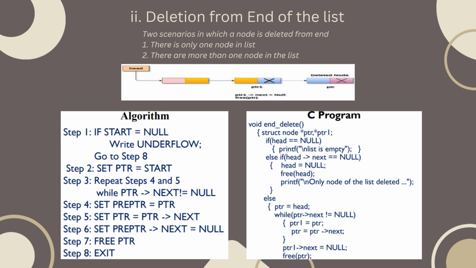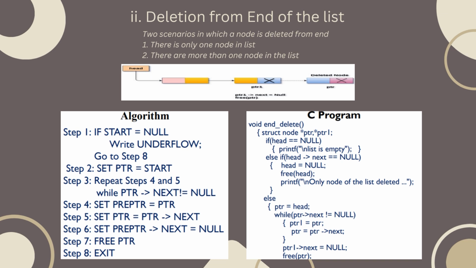Algorithm for deletion from the end of the list. Step 1, if start is equal to null, again indicates that it is an empty list, write underflow and go to step 8. Step 2, set PTR equal to start. Step 3, repeat steps 4 and 5 while PTR next is not equal to null.